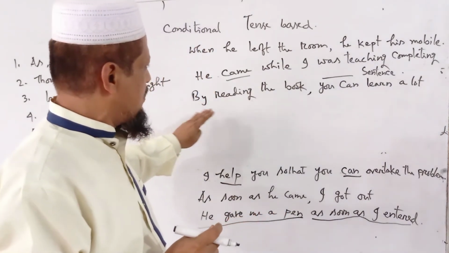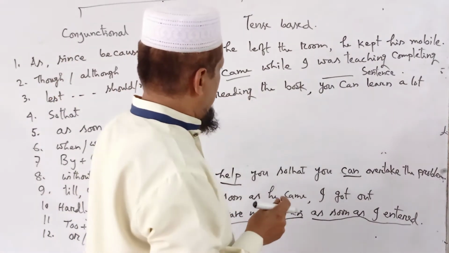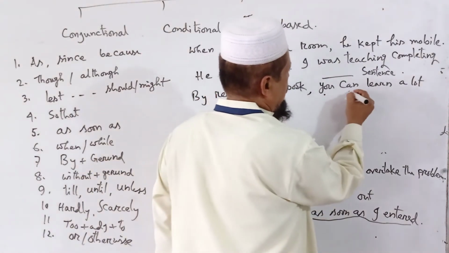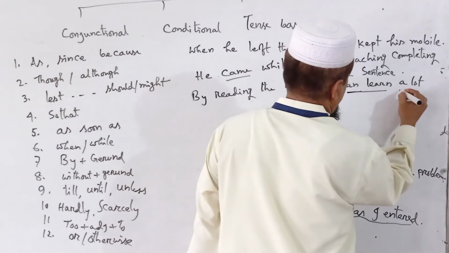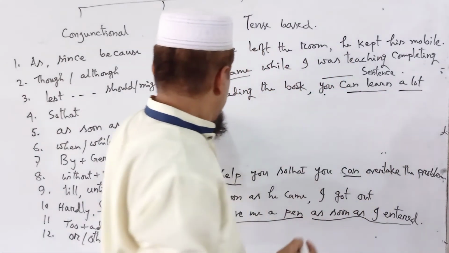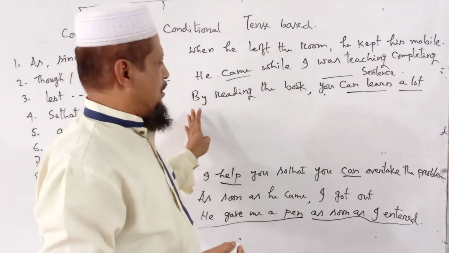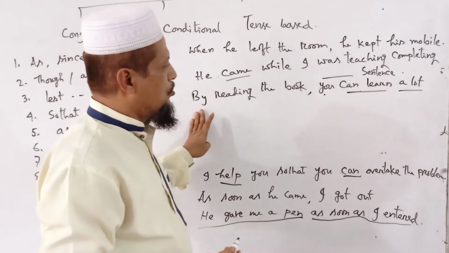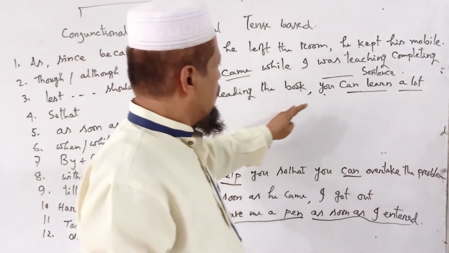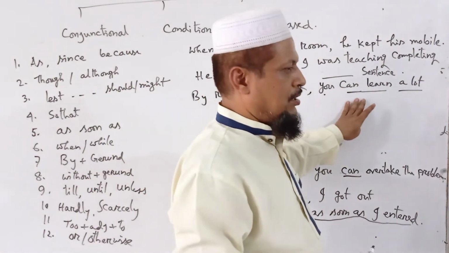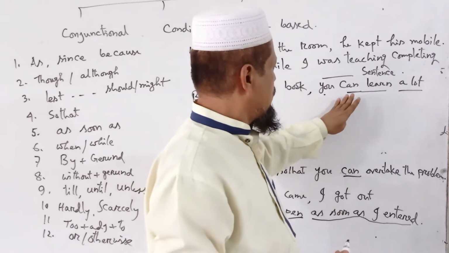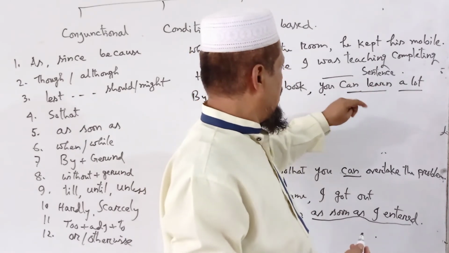If there is a simple sentence, then you can add another subject, verb, object or extension. If it is connected by by, then by indicates positive meaning. To complete it, you have to add another clause which is written with positive meaning. You should not use negative here.